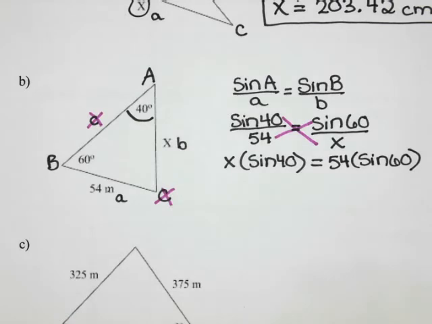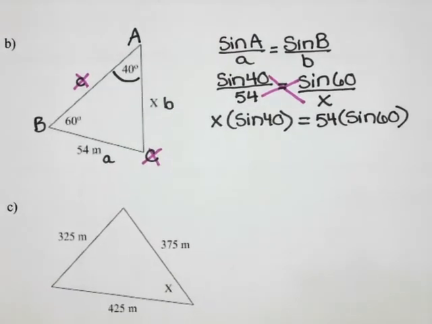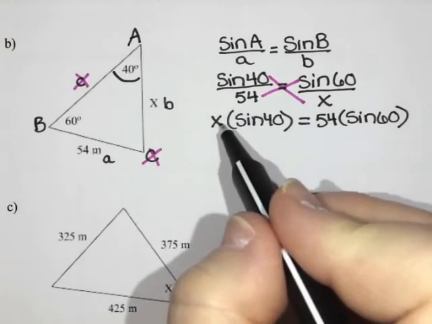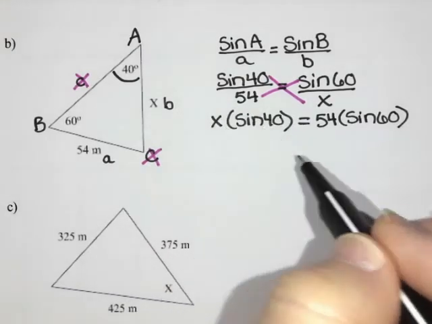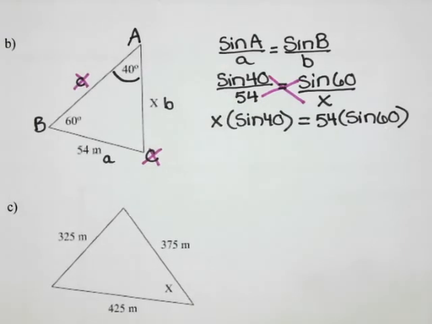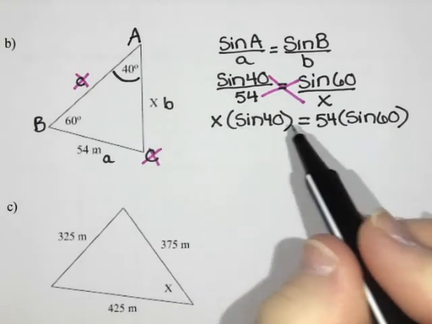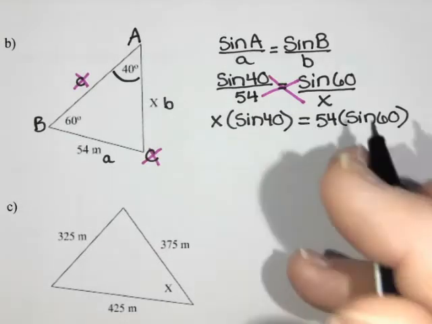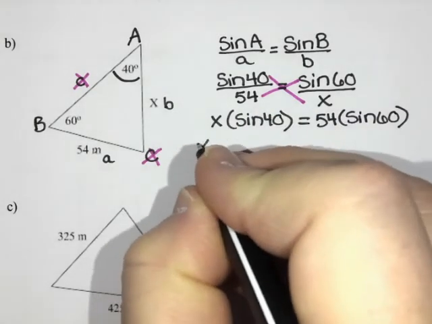Now you have choices at this point. You could leave everything like this, and then our next step would be to divide by sine of 40. I think for some of you, though, it's easier if you work these out as decimals first, and then we'll do our next step. So it's your choice, whatever makes more sense to you.